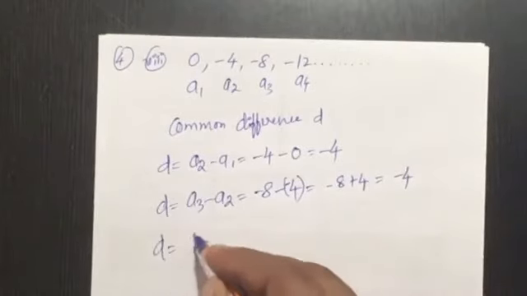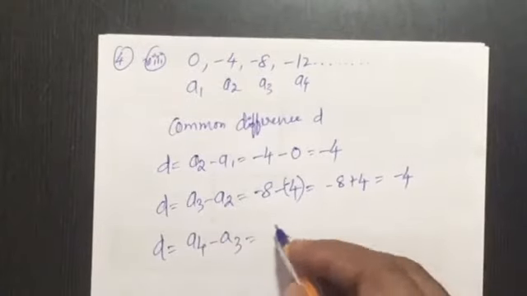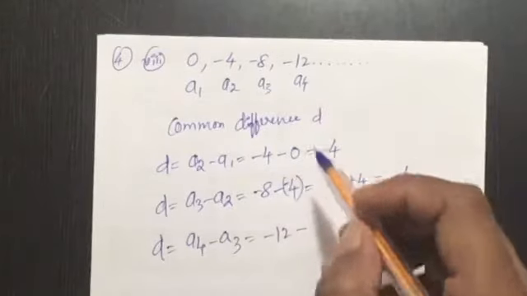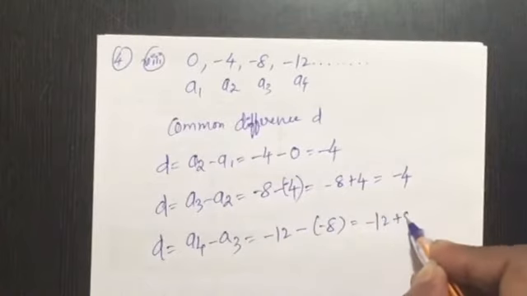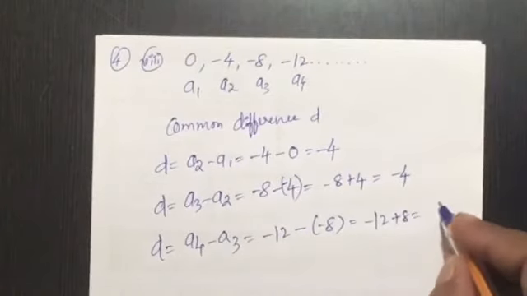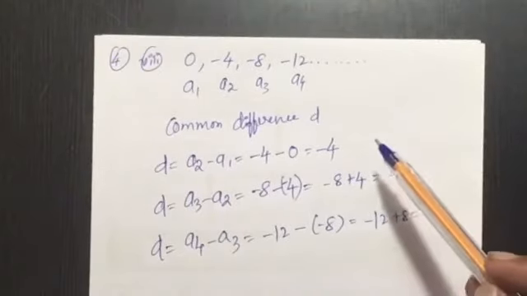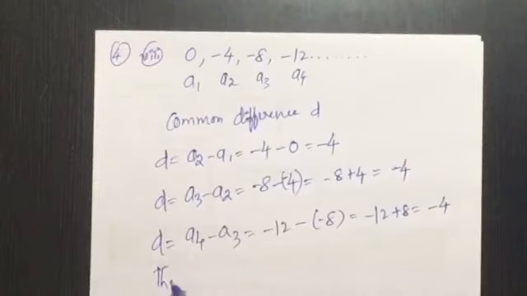D is A4 minus A3. A4 is minus 12 minus A3, which is minus 8. Minus 12 plus 8 is minus 4. So the common difference is the same, hence they form an AP.